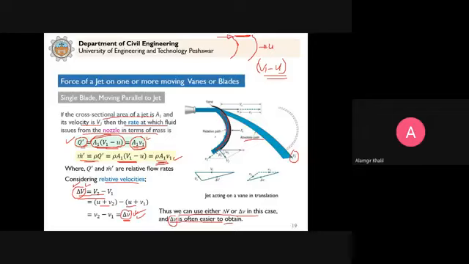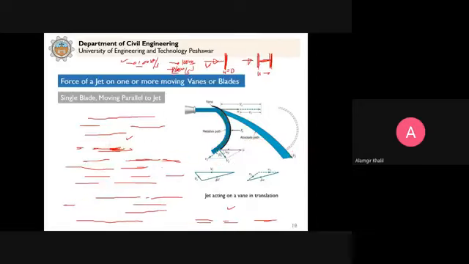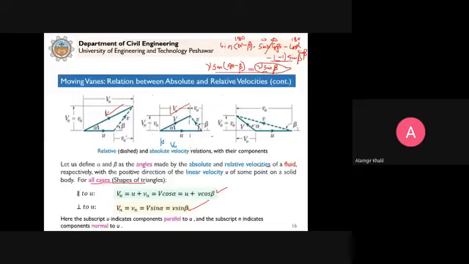And this is the relative path. So that's why the fluid exits with the relative velocity, because it follows the relative path. Then we consider this triangle that we saw earlier, which in this case is for different conditions. Either we can have this condition, this condition, or this condition, depending on the given situation.